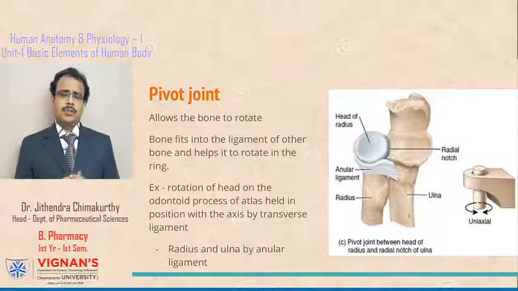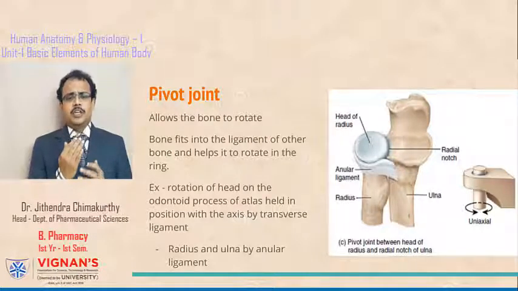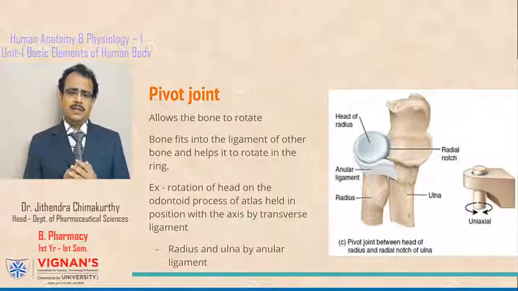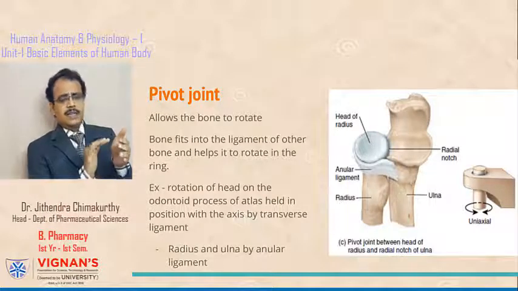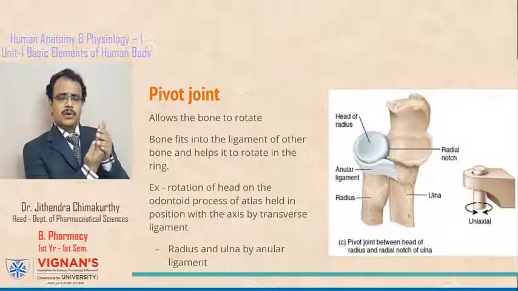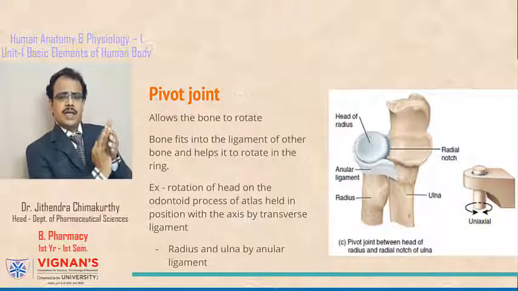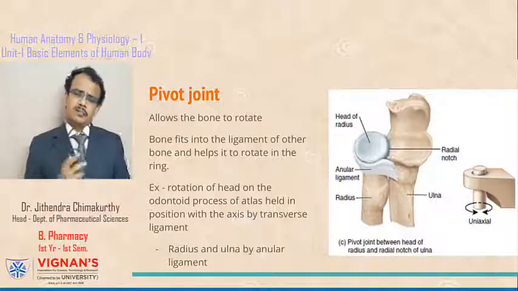This odontoid process forms a joint with the atlas. These two are held in position by a transverse ligament, which holds these two bones together, and this allows the rotation of atlas around the axis. This type of joint is called a pivot joint.